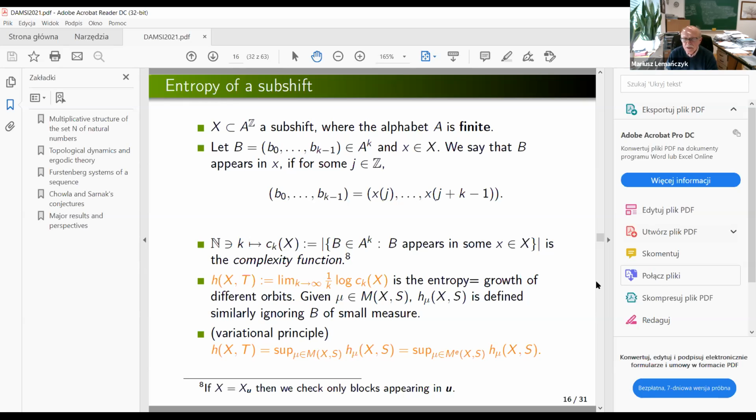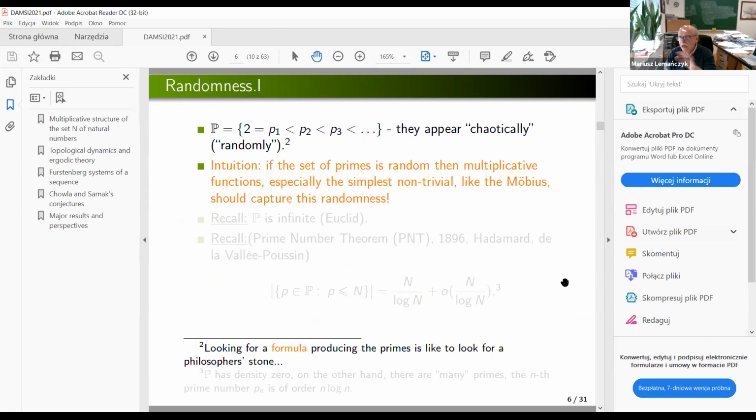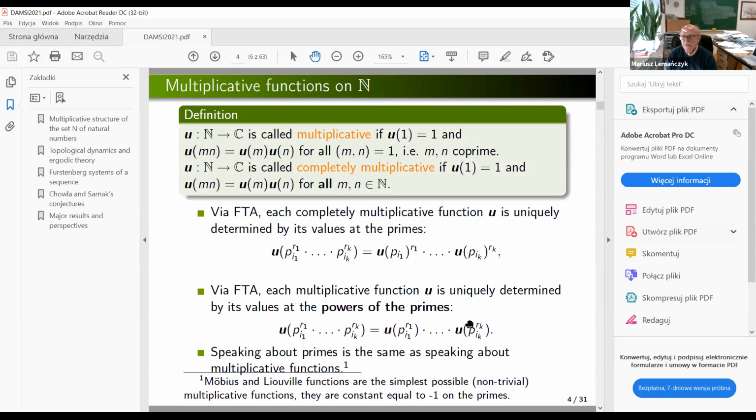No, at the very beginning of my talk, I said there are uncountably many. It's here, the first slide. If you want to define a multiplicative function, you just choose, in a completely random way, the values at the powers of the primes. You can put whatever you want, and you define the function.